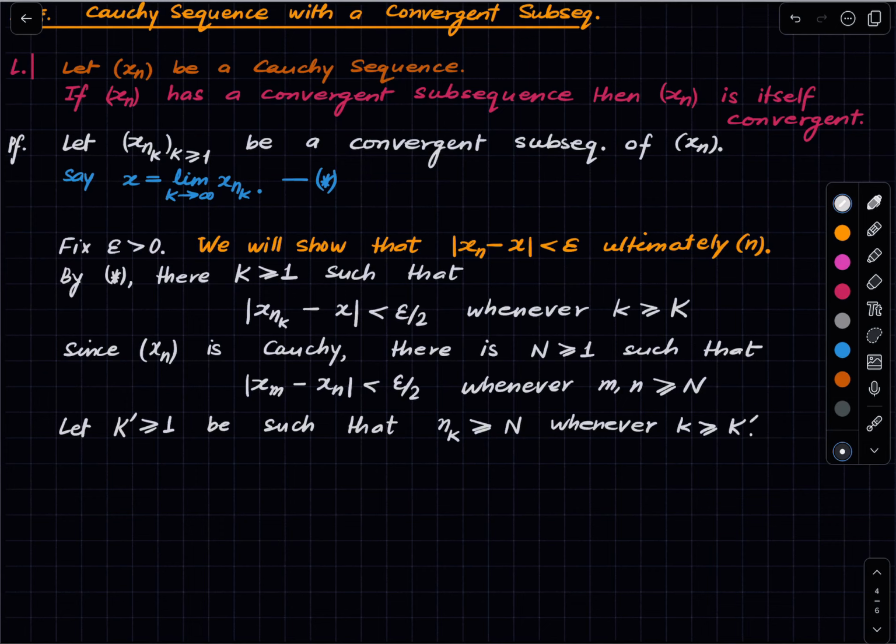Such a K prime must exist because n_1, n_2, n_3, and so on is a strictly increasing sequence of natural numbers. Such a K prime exists.